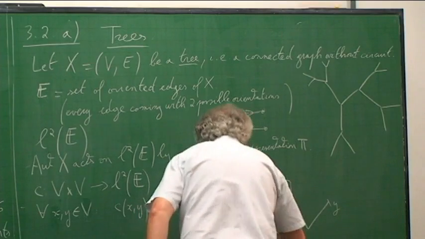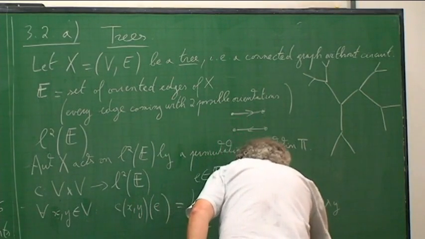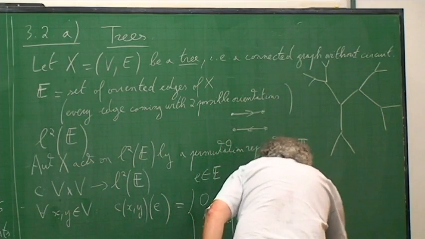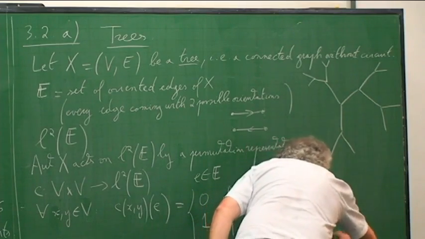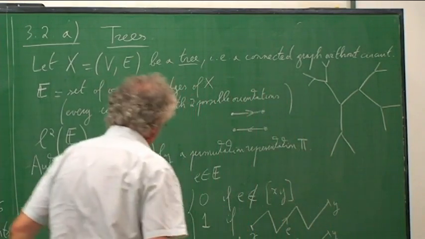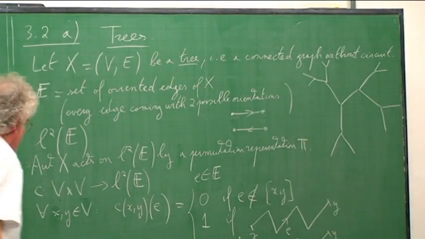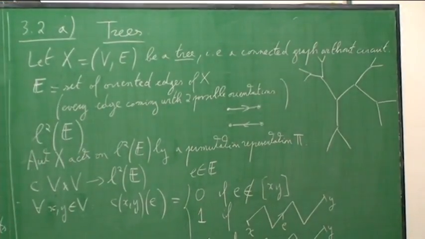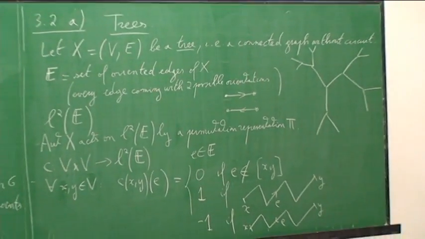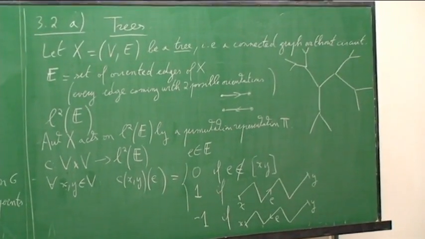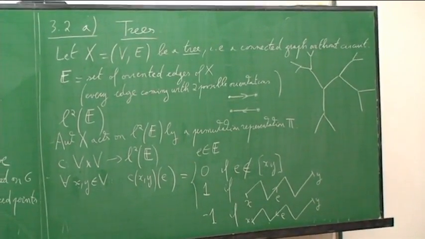And of course, I will put minus 1 if E is oriented in a non-coherent way. And so I have this function C. Let us study this function a little bit, because it's the one which ultimately will give us the cocycles.